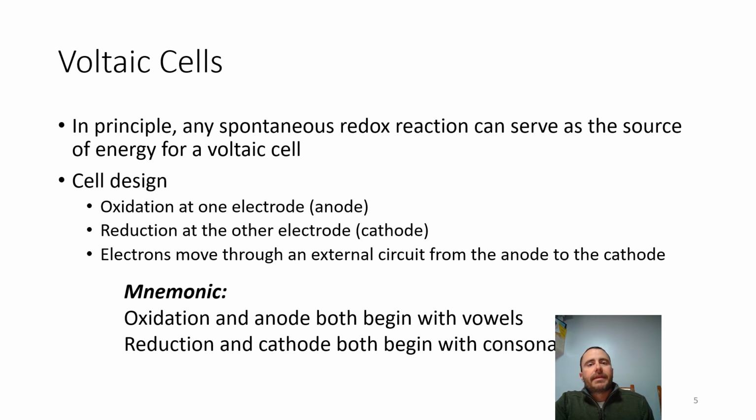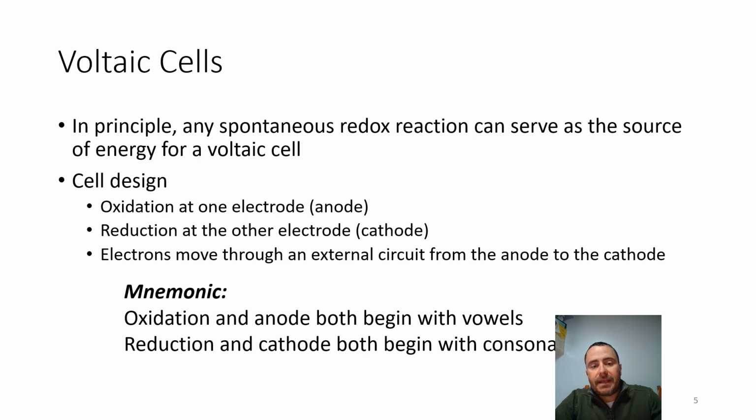That leads us into an introduction of voltaic cells themselves, which we're going to talk about for most of the chapter. In principle, any spontaneous redox reaction can be an energy source in a voltaic cell. We know spontaneous reactions from chapter 20: they have a negative delta G. And it has to be a redox reaction for this to take place.